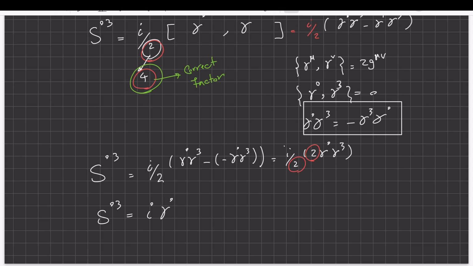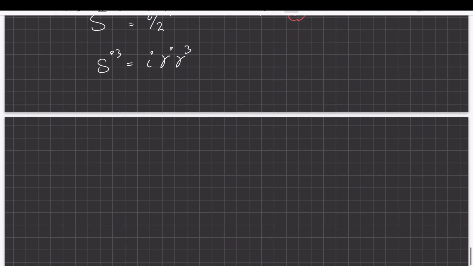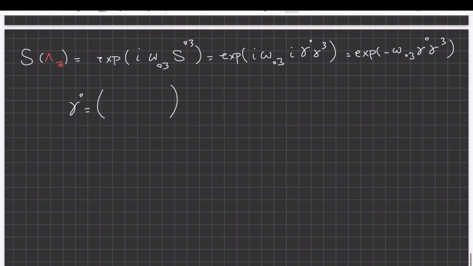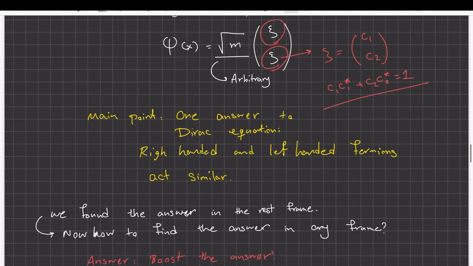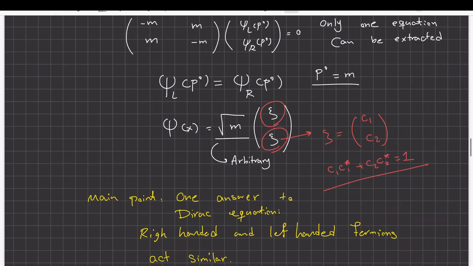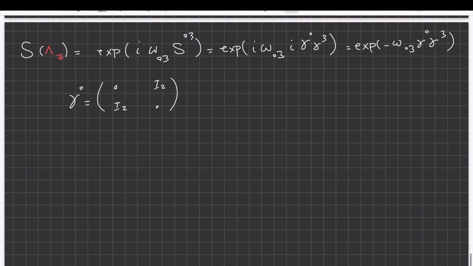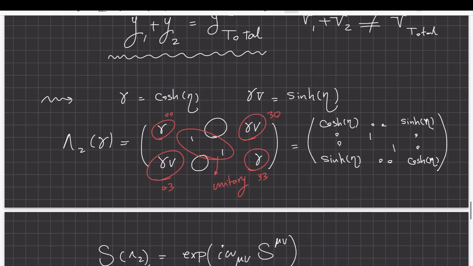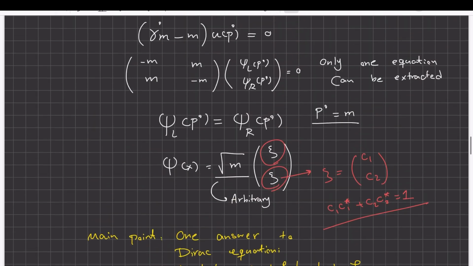So S of 0, 3 is equal to i gamma 0, gamma 3. So gamma 0 was 0, 0, and then I2, I2, and the gamma i was sigma. Sorry, gamma 0 times gamma 3 is equal to 0, 0. Just want to make sure.